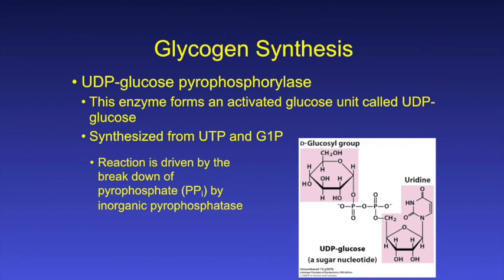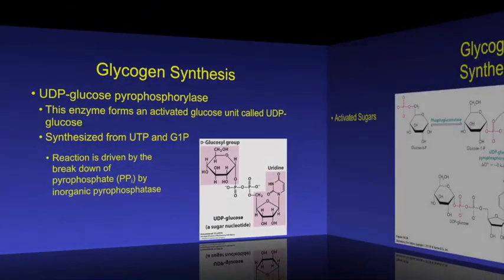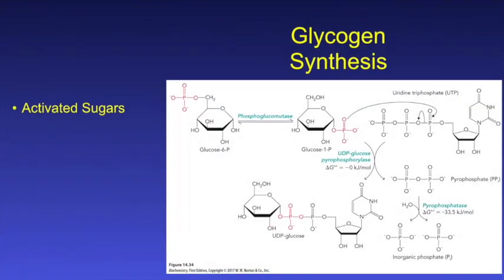It's synthesized from UTP and glucose 1-phosphate. So what happens is I take glucose from the glycolytic intermediate and I convert it to glucose 1-phosphate. We just looked at that in the reverse. Okay? But since it's an equilibrium, I can force it this way. I then react it with the UTP to create the activated intermediate.